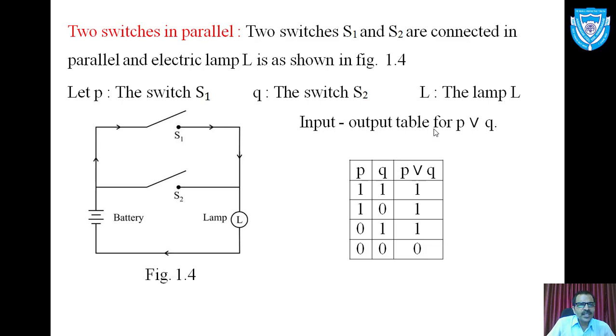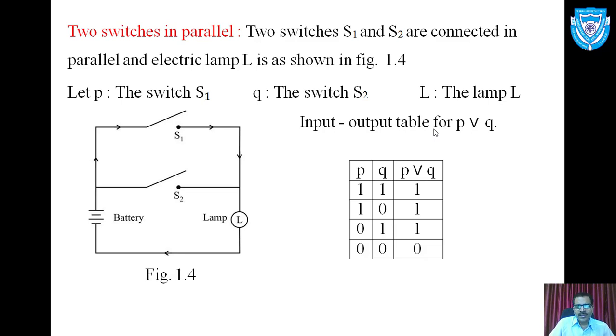Now from these two simple statements P and Q, let us form the compound statement, the disjunction P or Q, and let us study the truth table of disjunction, which can be correlated with the behavior of this parallel circuit.